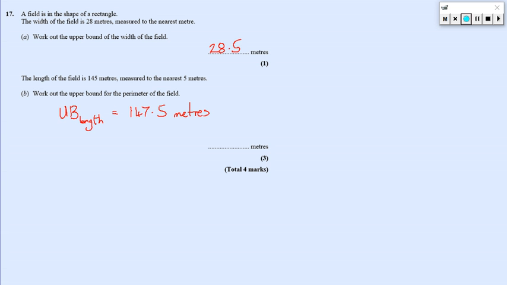So to work out the upper bound of the perimeter, it's 2 widths, add 2 lengths, which gives us, just type it into my calculator, 352.